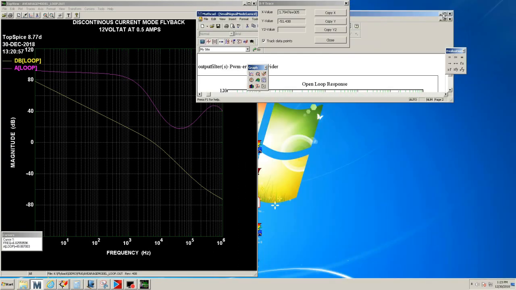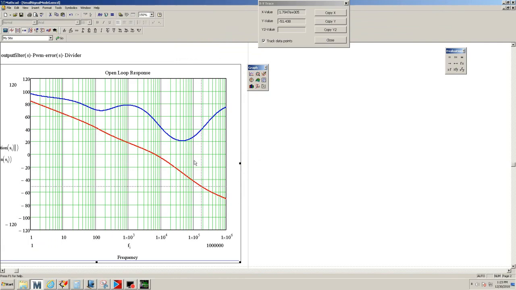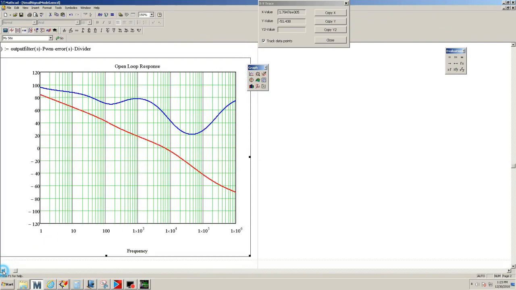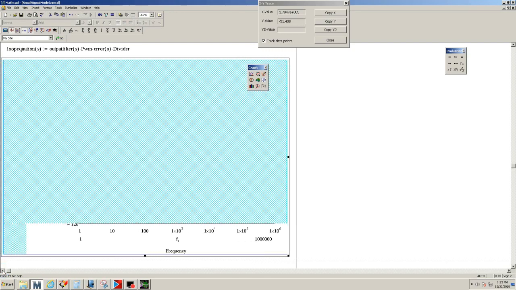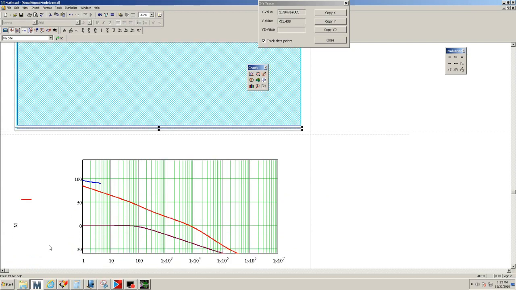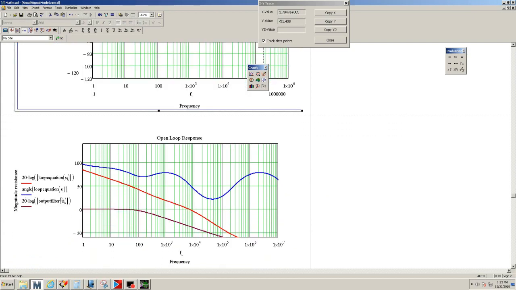That you can now plot this mathematically, but not only can you plot the output, you can also plot individual parameters. Like for example, if you wanted to plot, excuse me, the output filter, here's the brown one.